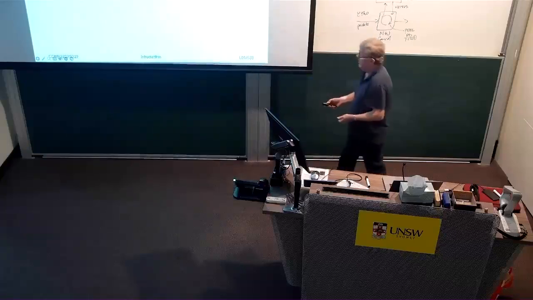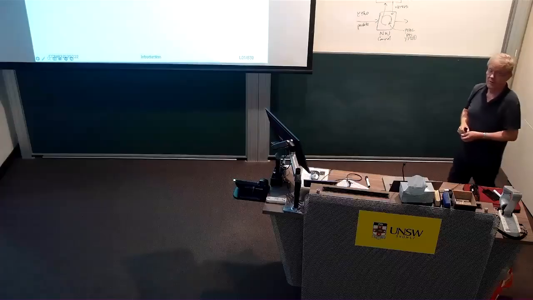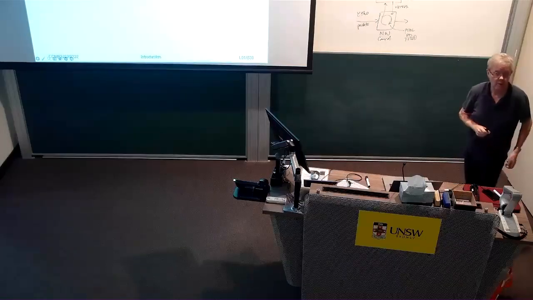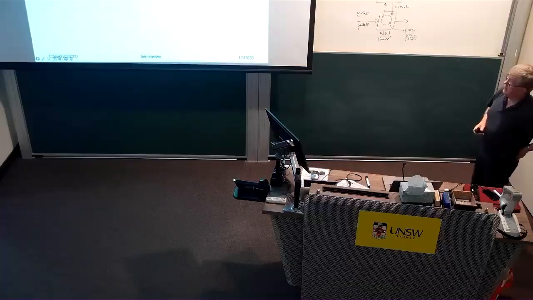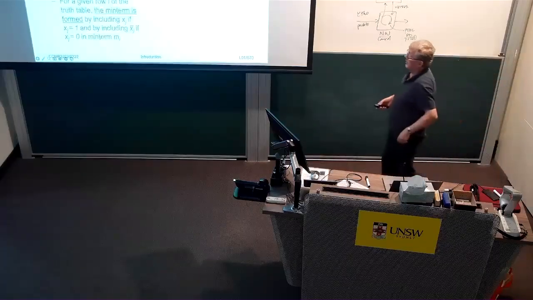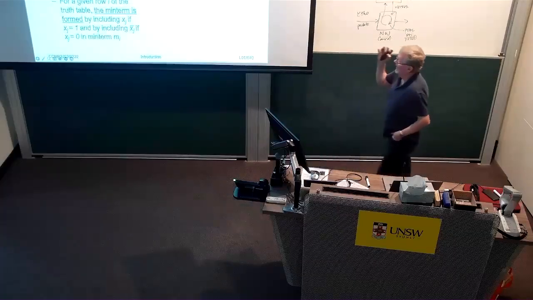Now, I want to focus on that first step, which is answering your question. How do we derive those AND terms for each row in the truth table with the function value of 1? Well, you need a little bit more theory for that.